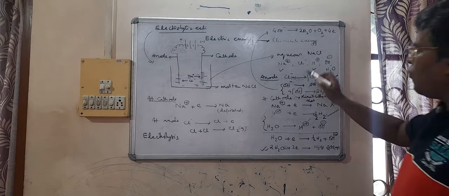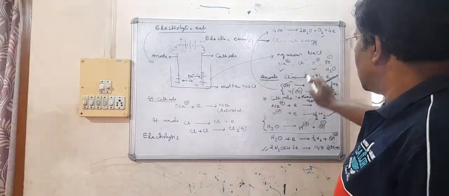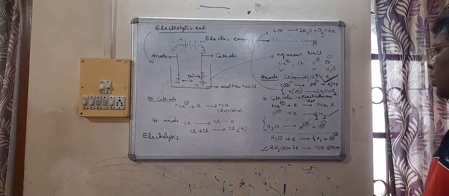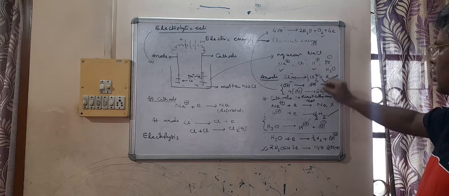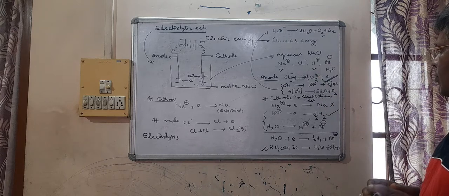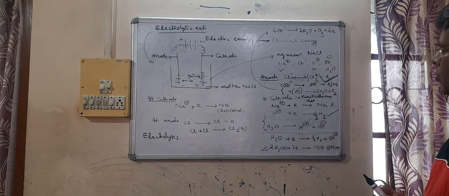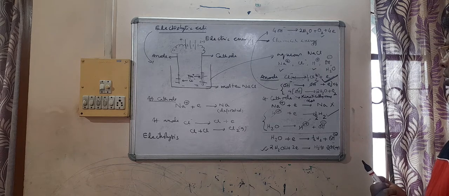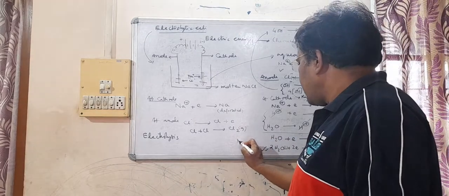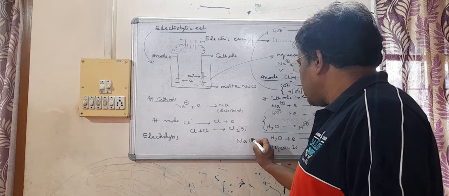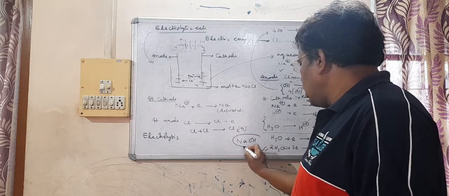So when aqueous NaCl is electrolyzed, we will get hydrogen gas at the cathode, we will get chlorine gas at the anode, and there will be another product. We will also get, in the solution, another product as NaOH.